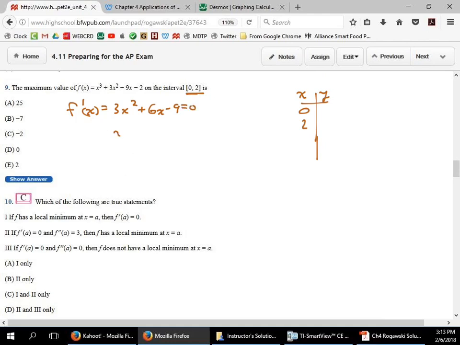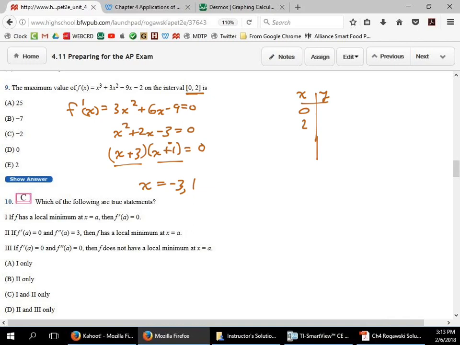If I divide both sides by 3, I get x squared plus 2x minus 3. This factors to be x minus 3 and x plus 1. Nope, opposite. We'll do x plus 3 and x minus 1. Yeah, that one works. So we set each of these equal to 0. That means we would get x equals negative 3 and positive 1.